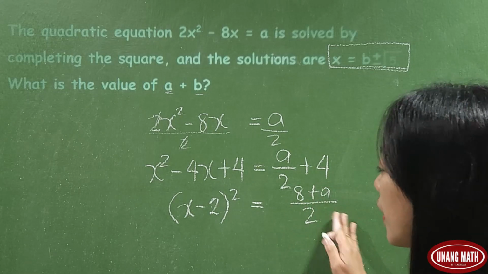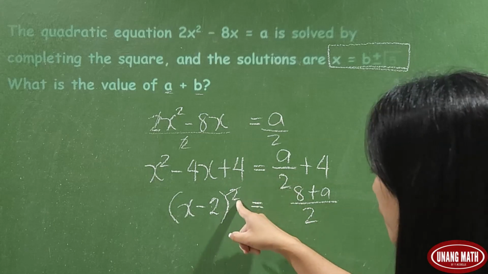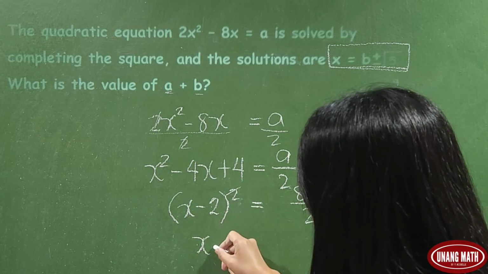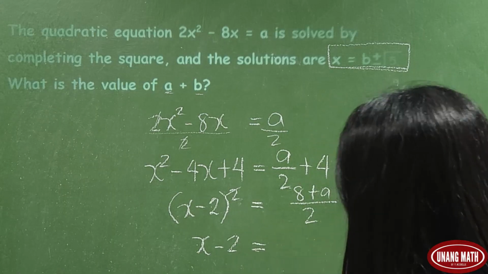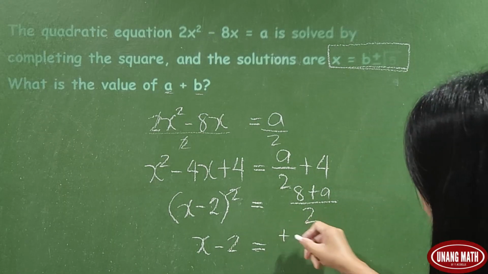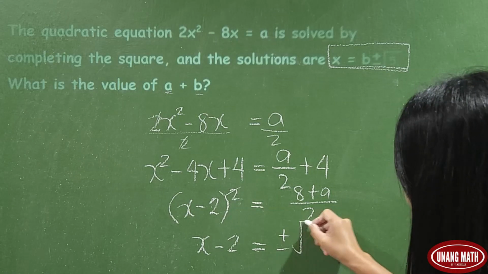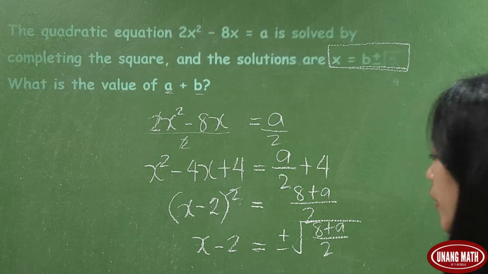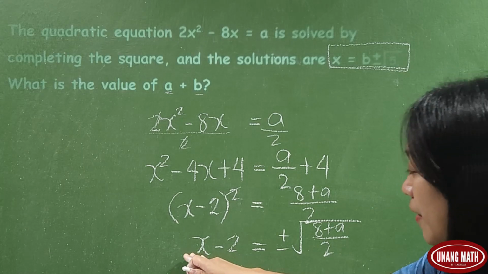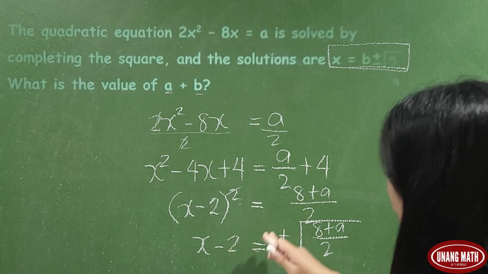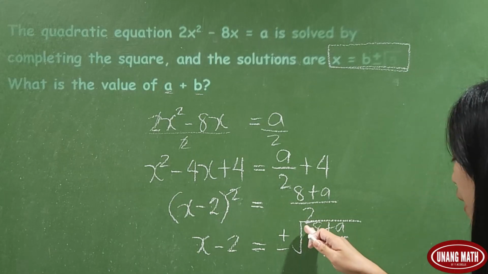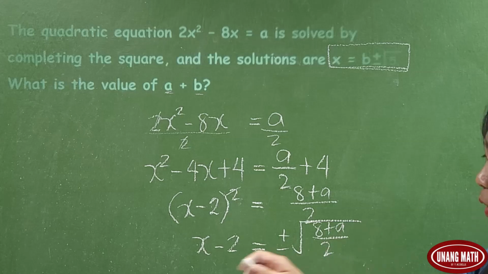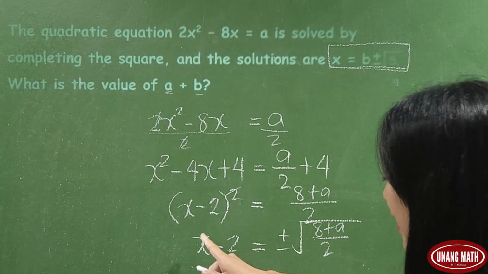Okay, now, to solve this, we remove this exponent 2. So we have x minus 2 equal to plus or minus the square root of (8 plus a) over 2. But we're not looking for x minus 2, we're trying to find x.